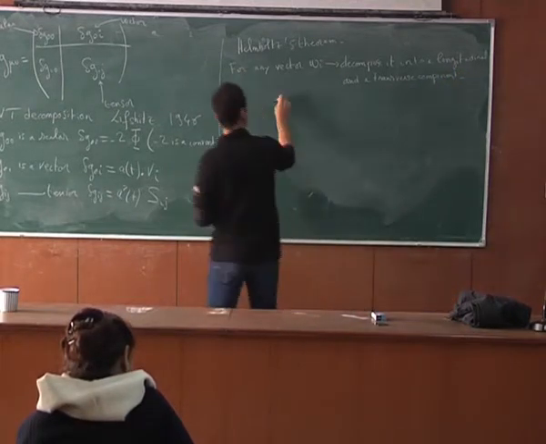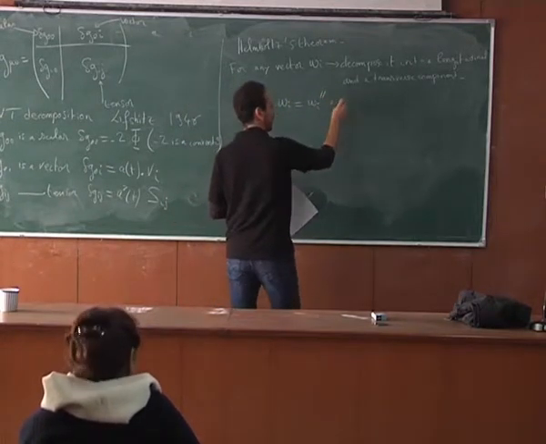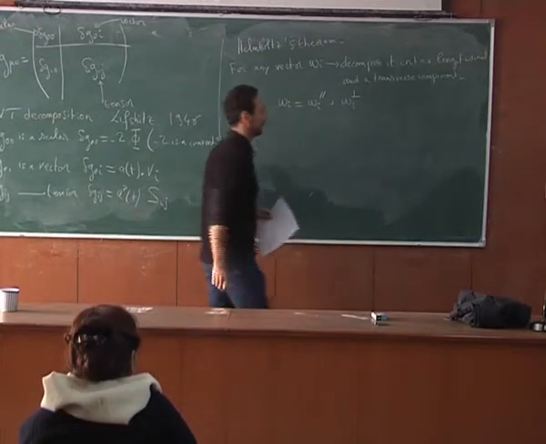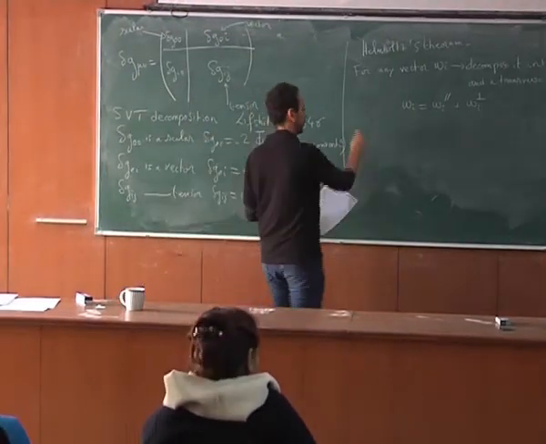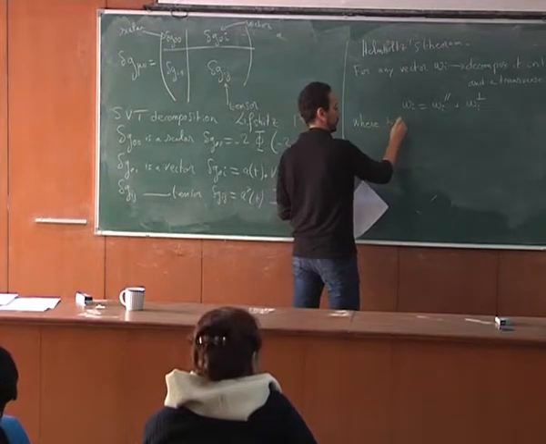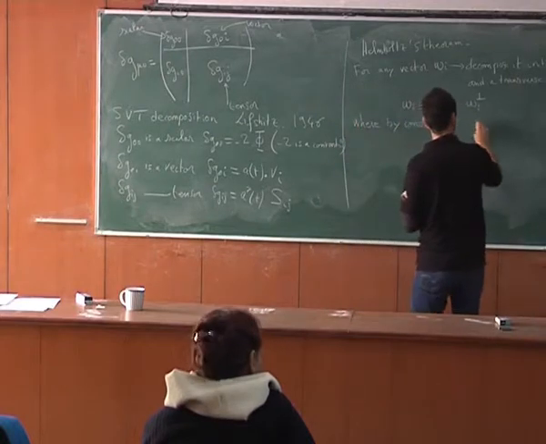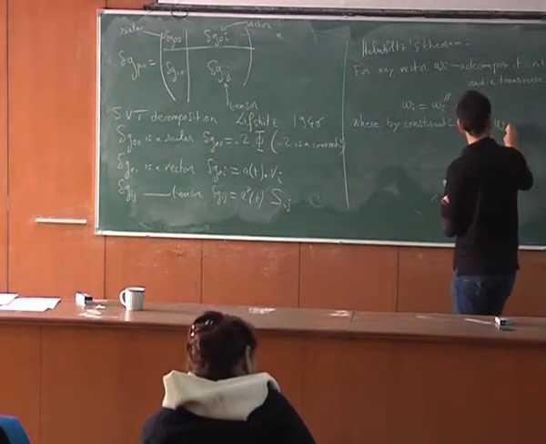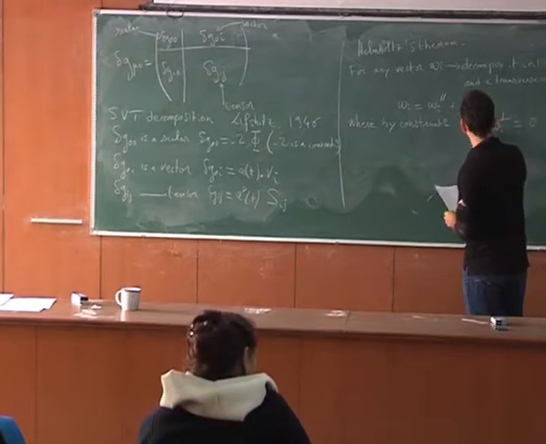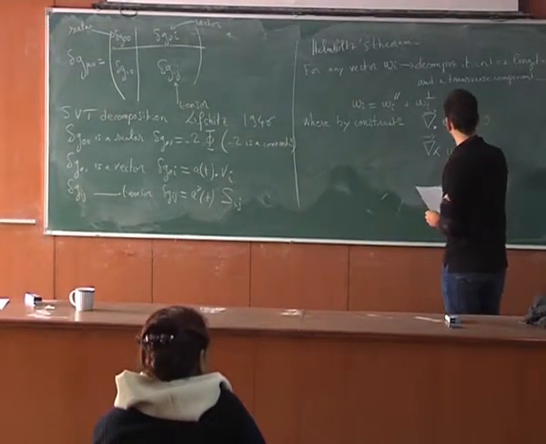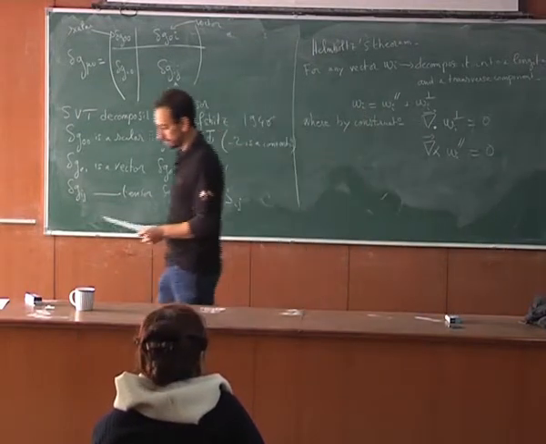So what does it mean? That you can always write it as two terms. One I will write like this, and one is like this, whereby construction the divergence of this is 0, and the orthogonal part is 0, the rotational of the parallel part.